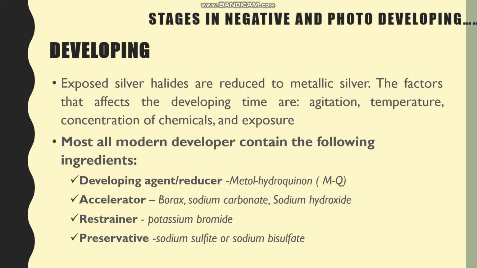Pangatlo, the restrainer, ang ating potassium bromide. And then lastly, we have the preservative, usually the sodium sulfite or sodium bisulfate. So dahil nga ginamitan natin ng accelerator, di ba, para mas mapabilis yung solution penetration, mas mapabilis yung reaction ni reducer natin or ng developing agent natin sa ating film or sa ating photographic paper, kailangan natin ng panimbang, which is to prevent the excessive oxidation na dulot naman ng accelerator na meron tayo.